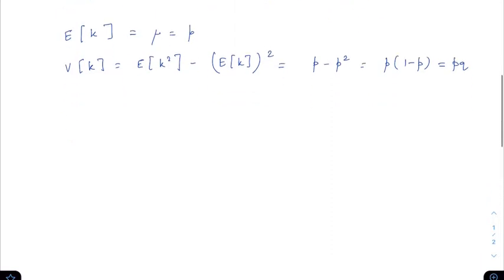Okay. Now this brings us to the first distribution that we want to discuss, which is known as the binomial distribution.